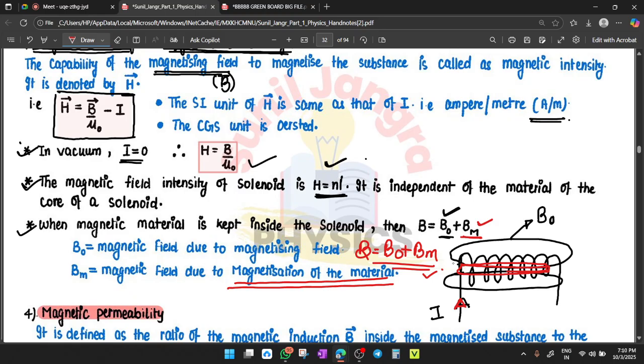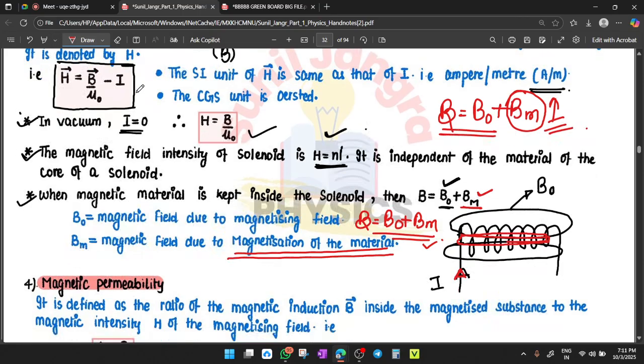That is why the total field will increase when you insert any material inside a coil, right? Because initially it was B equals B naught as no material was there. But when you insert a material there, an extra amount of magnetic field is induced, that is Bm, right? Clear?